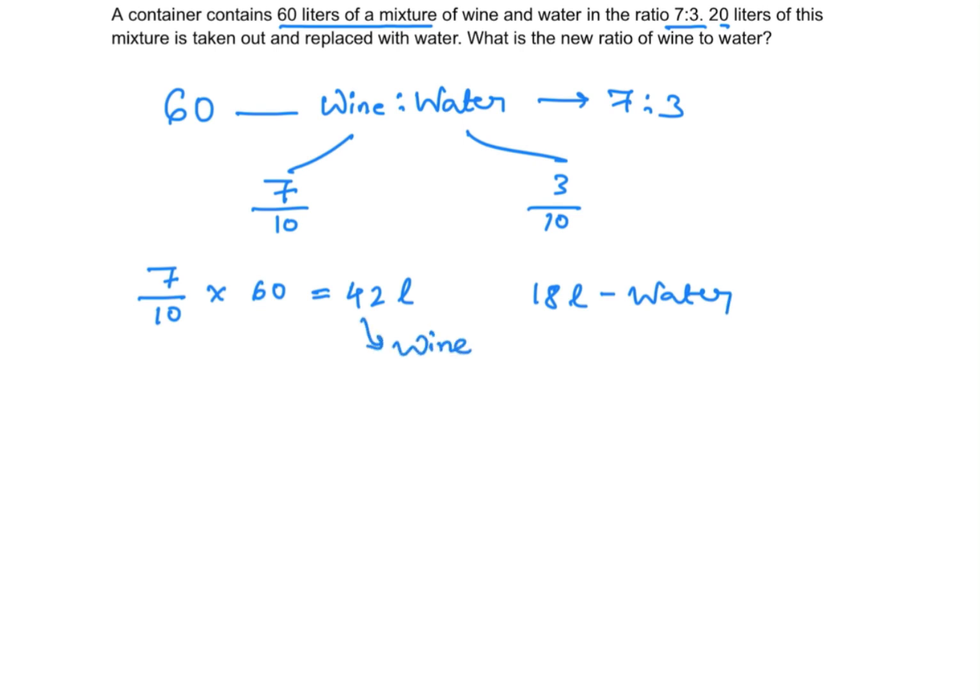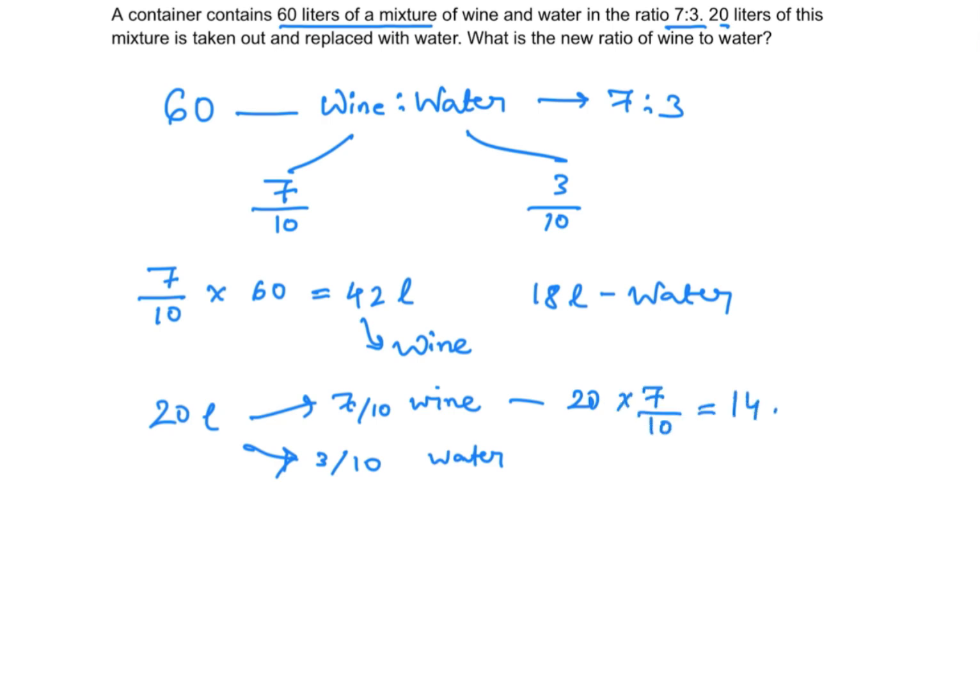Now it says 20 liters of the mixture has been taken out. So among the 20 liters, again 7 by 10 will be wine, and 3 by 10 part will be water. So it will be 20 into 7 by 10, it will be 14 liters of wine.